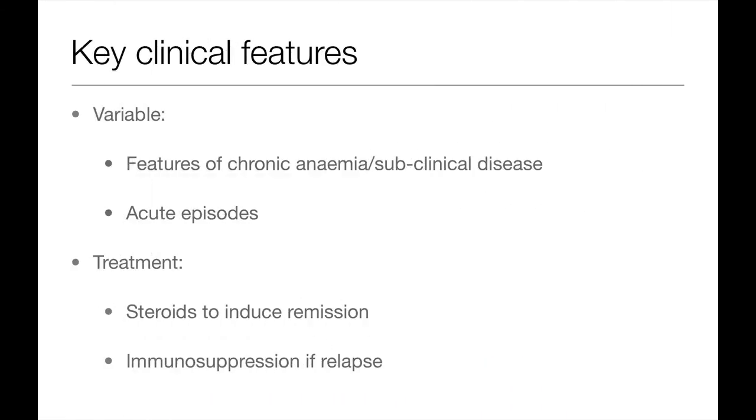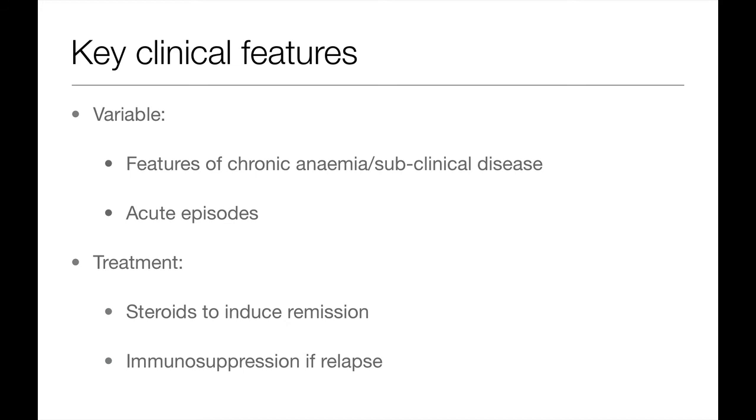The key clinical features are quite variable, with some patients having features of a chronic anemia with subclinical disease, and some patients indeed presenting with acute episodes. In terms of treatments, steroids are used for their immunosuppressive effects to induce remission with an acute episode.